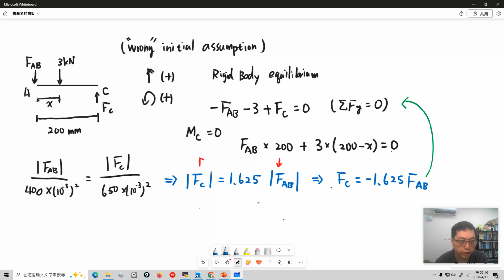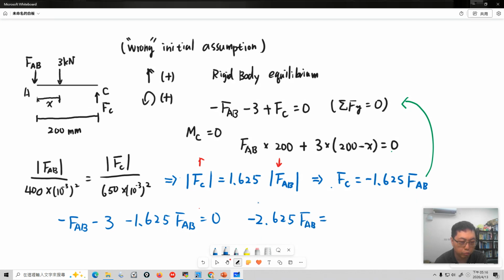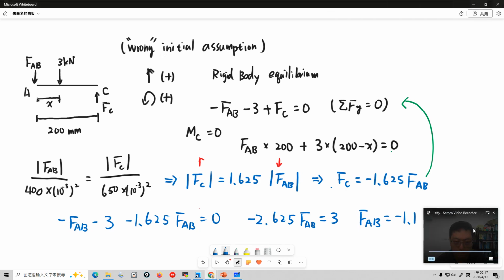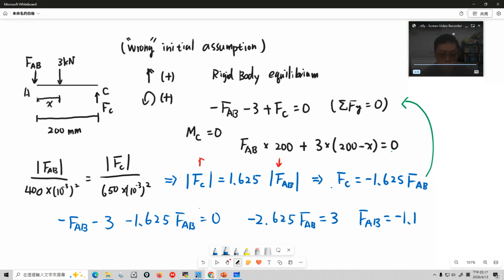So we will have minus FAB minus 3 minus 1.625 FAB equal to 0. Then you will get minus 2.625 FAB equal to 3. So FAB is minus 1.143 kilonewton.